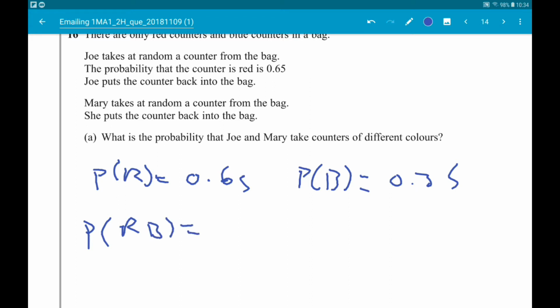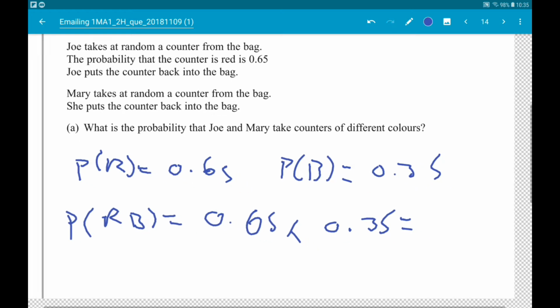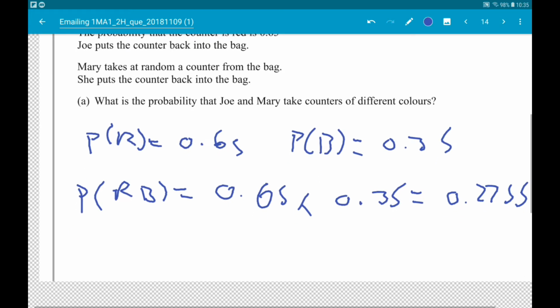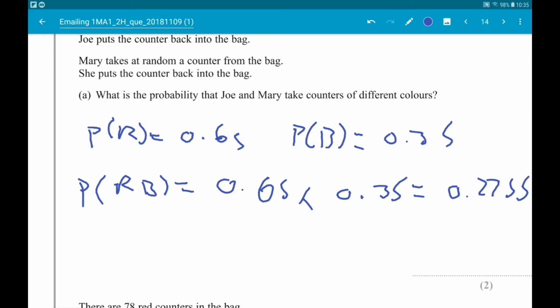that's 0.65 times 0.35, and that gives us 0.2755. Or we can do the probability of blue and then red.